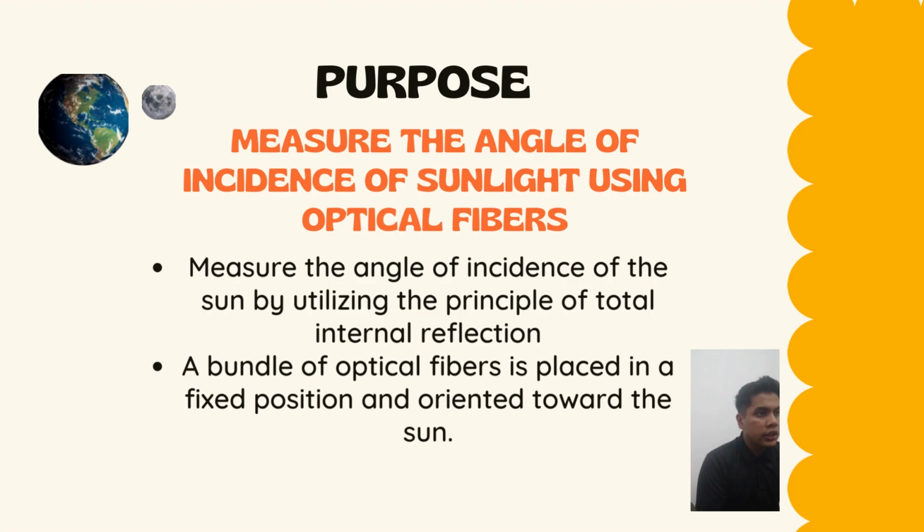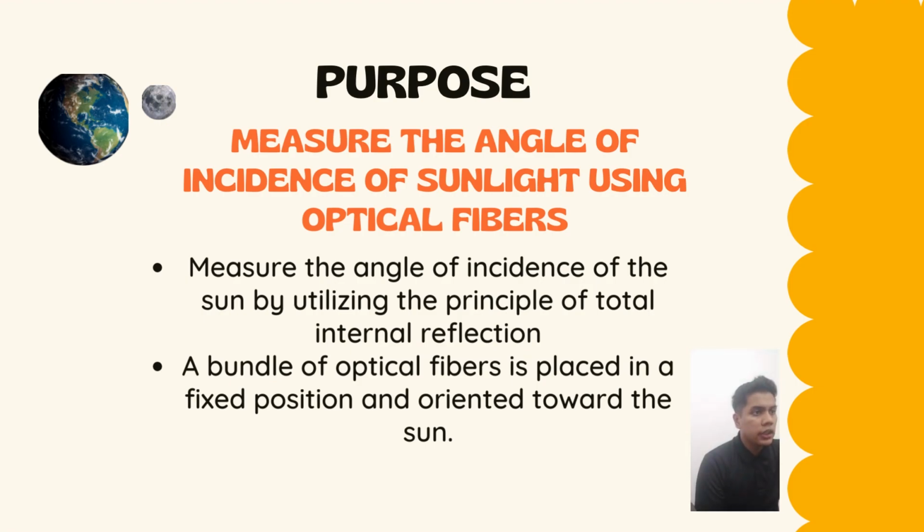When the light enters an optical fiber at an angle greater than the critical angle, it reflects off the inner surface of the fiber instead of passing through it. The angle of incidence can be calculated by measuring the angle at which the light is reflected.